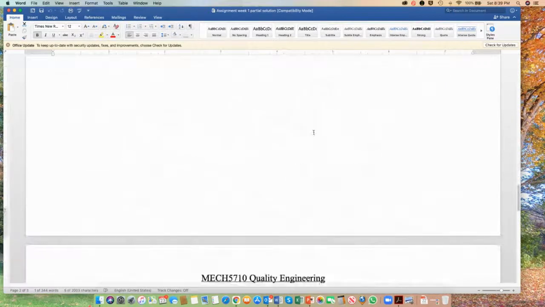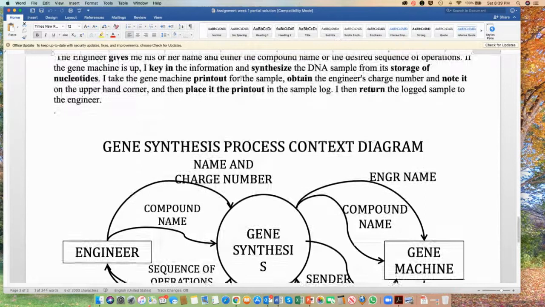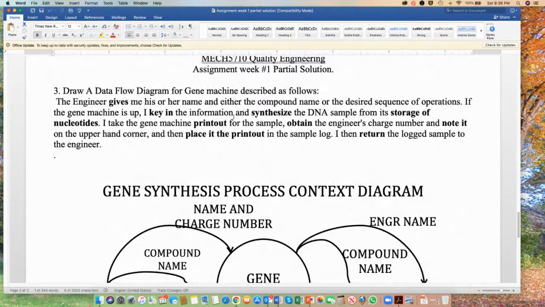And the last one is a gene machine, where somebody would come in with a sample and they want to know what the genes are in the sample, what the sequence of the gene is. So again, you look at the description, there is key in the information, synthesize the DNA, and store the DNA samples in the samples of nucleotides.